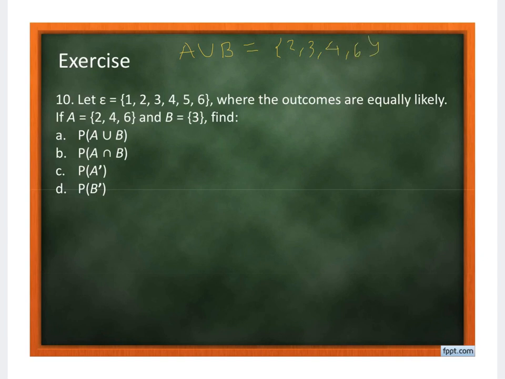So the probability is 4 over the sample space 6, so 2/3. For A intersect with B, there is no same number, so the probability equals 0.